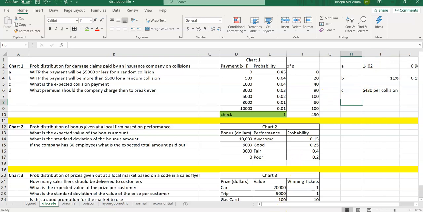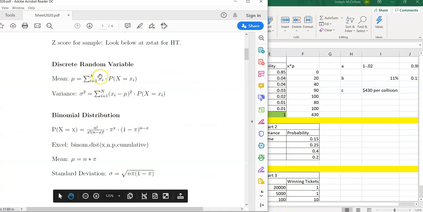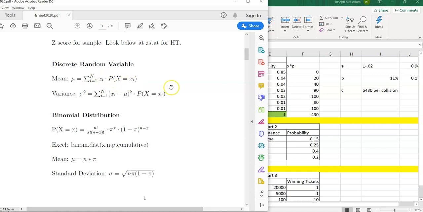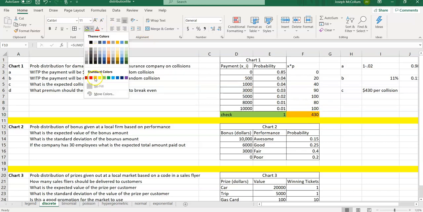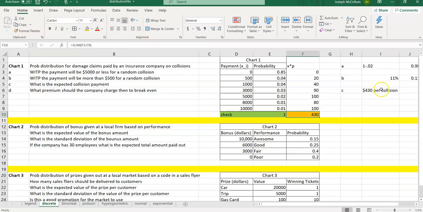Again, expectation by our formula is the summation, add up all the occurrences of xi times their probability. That's what this column represents. Xi, this is probability, and this is the multiplication of them. So we add that up and you get your expectation, as we are looking for. So this number is invaluable. This is the expectation. So we expect this company to pay out $430 per collision.